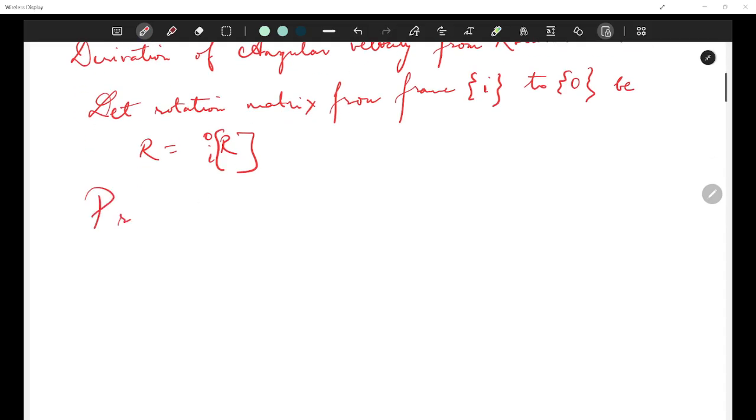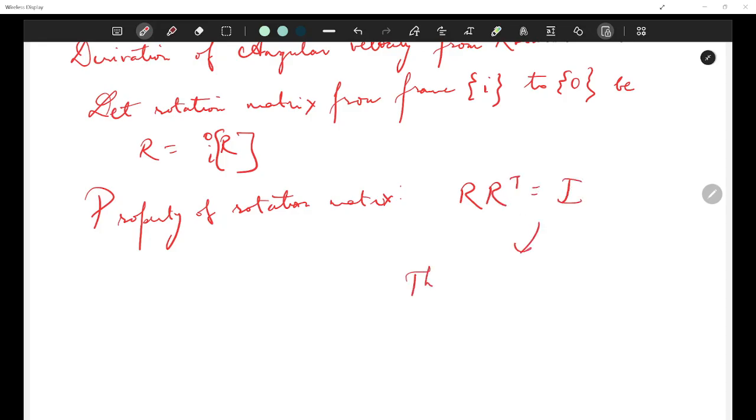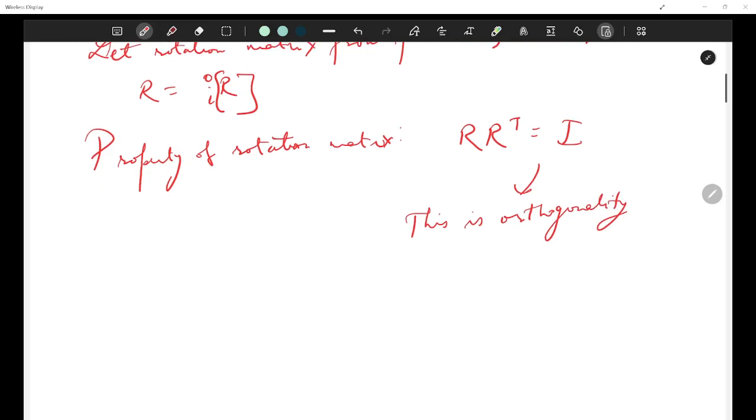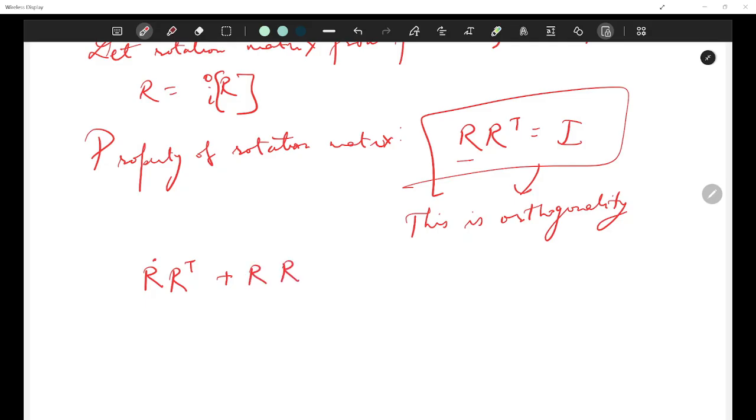What is the property of a rotation matrix? You know that R Rᵀ is equal to the identity matrix, and this is orthogonality. So let's differentiate both sides. It would be Ṙ Rᵀ, differentiating the first term and keeping the second as it is, plus R Ṙᵀ, is equal to 0.